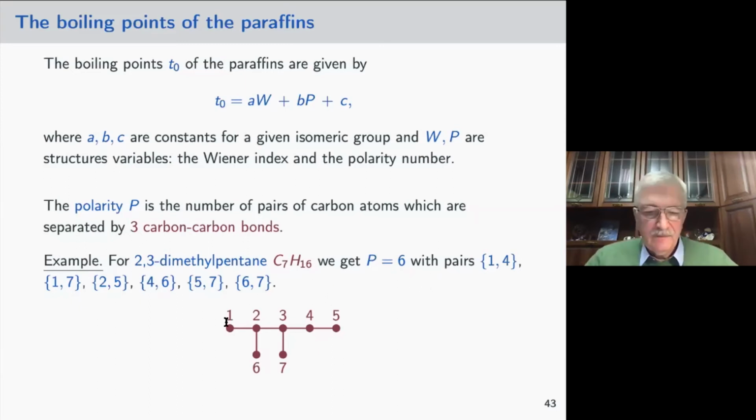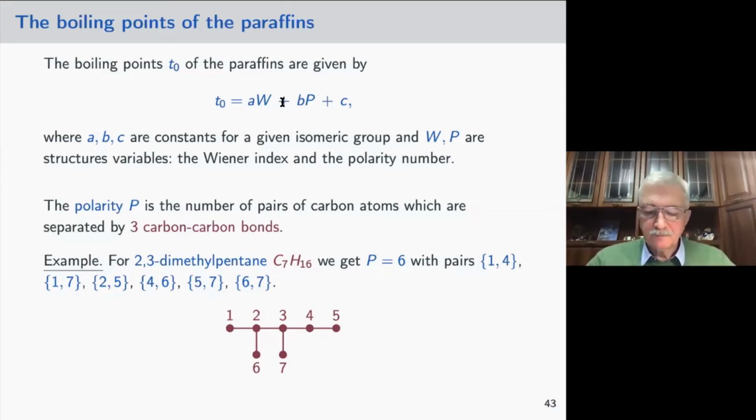This vertex 1 and vertex 4 is the first pair. There are 1 and 7 at distance 3, and 2 and 5 at distance 3, and so on. So for this graph, the polarity is equal to 6.